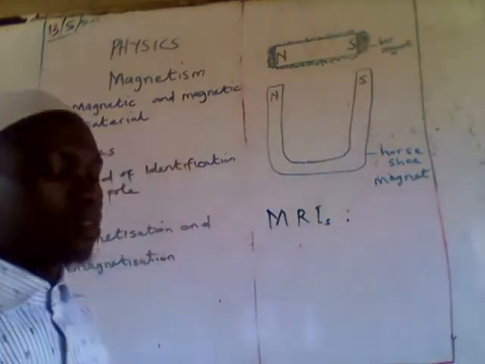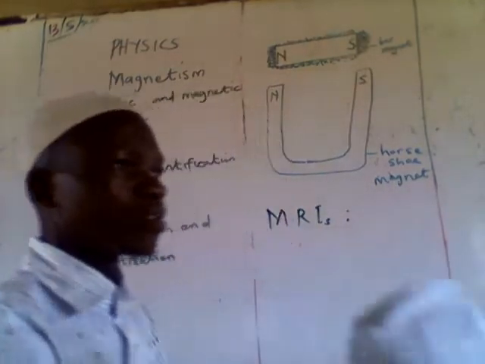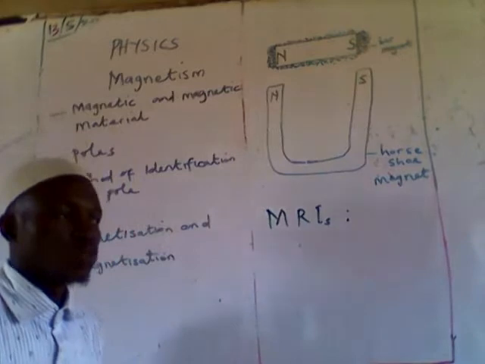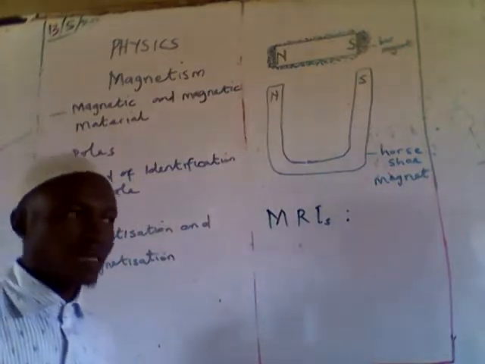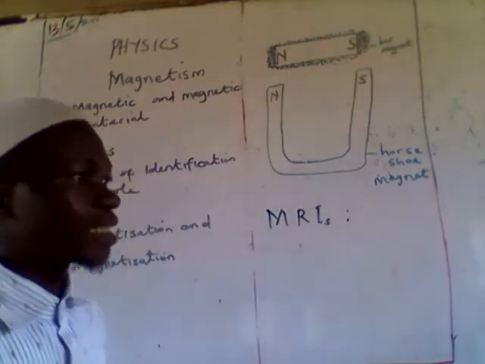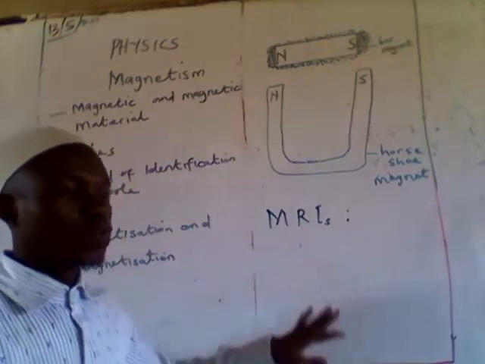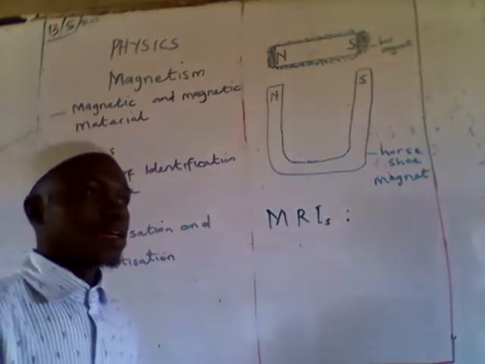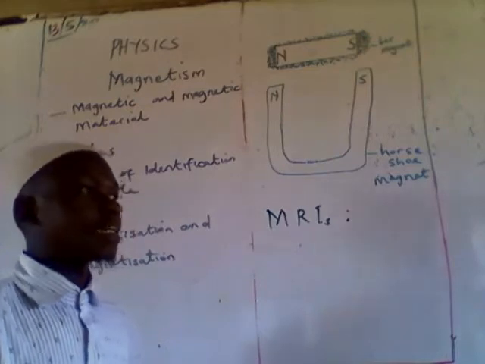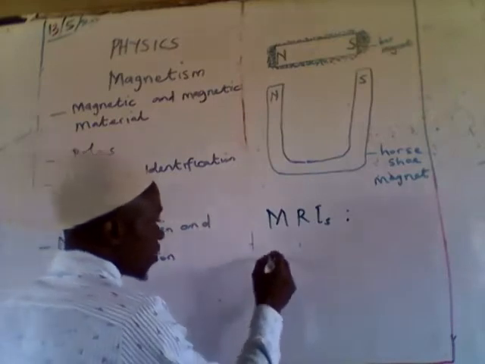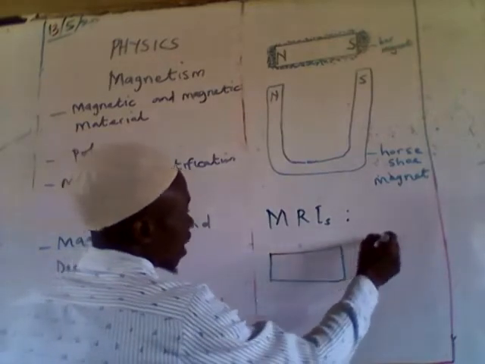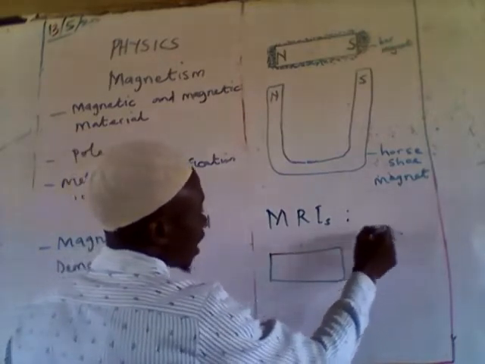Now how do we say that one side or one point is called the north pole or the south pole? Whenever we have a magnet and we put it in iron filings, let's assume that this is our bar magnet and we have iron filings like this, very large.